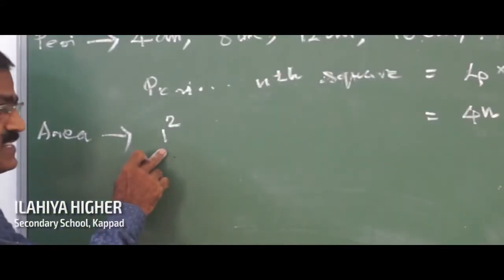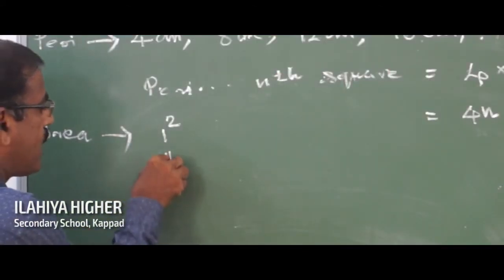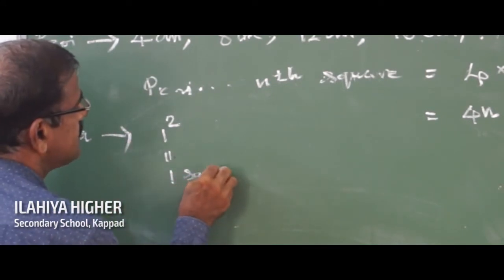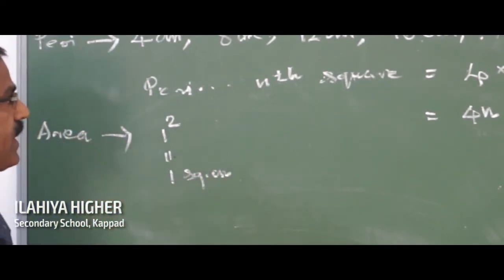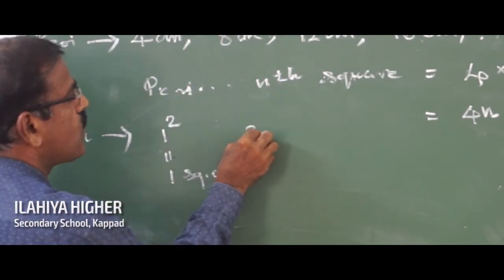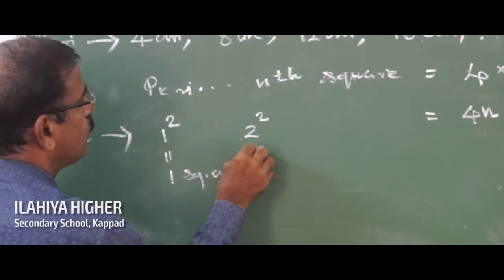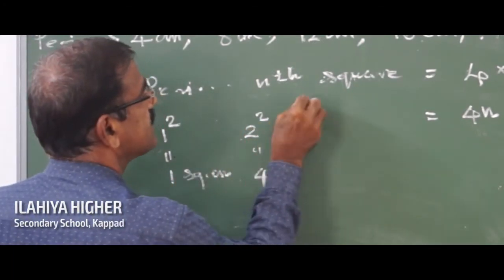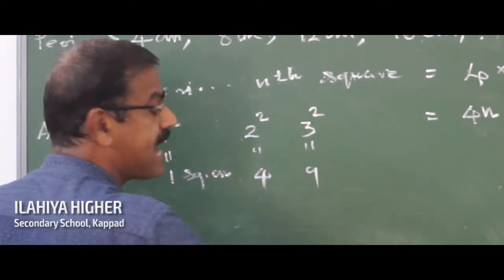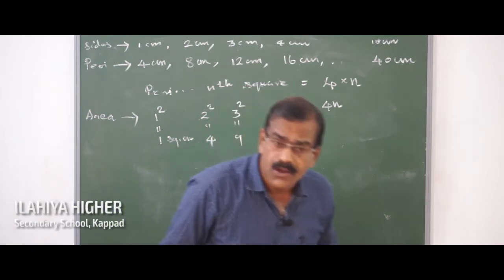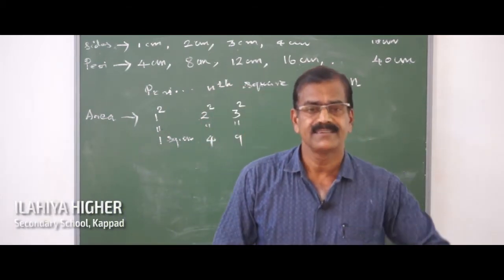So 1 square is 1 square centimeter. Then second one's area 2 square, that is 4 square centimeter. Then third one's 3 square, that is 9 square centimeter. So 100th one's area is 100 square.